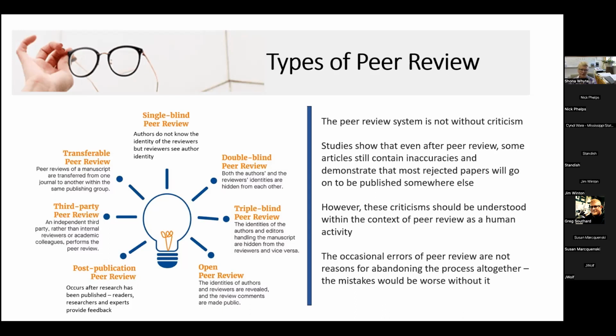And the same with the other two. If you're interested in this, you can Google types of peer review, and there's a lot of information on this if you want to follow up on it.